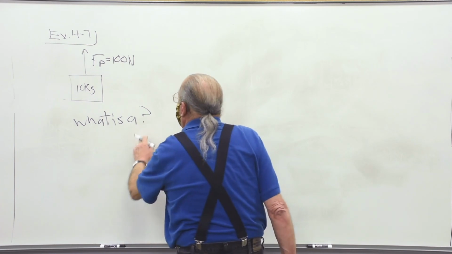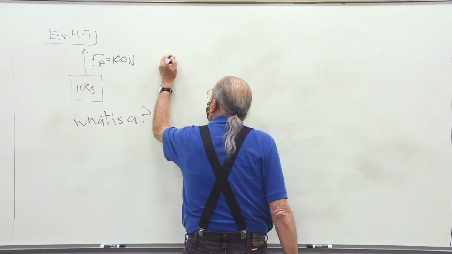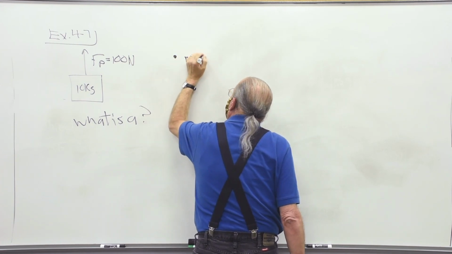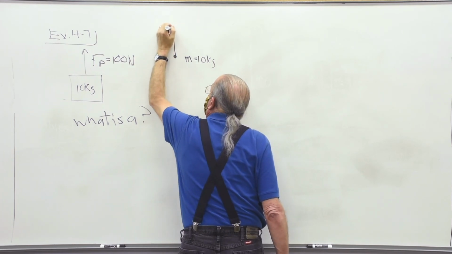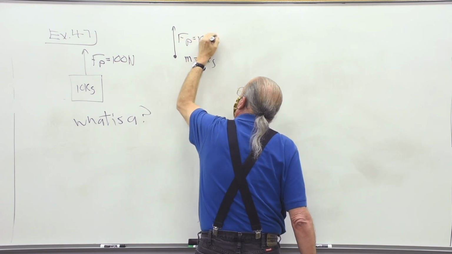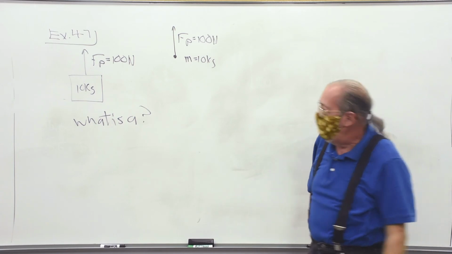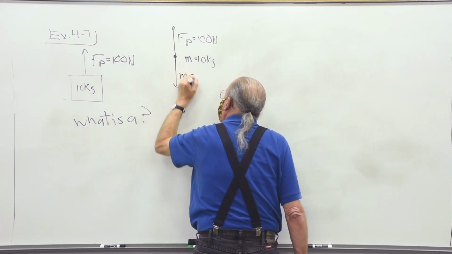What is a? How many objects? So we draw the free body diagram first. There's the object, and one force on it is this one. And what else is acting on it? Gravity, of magnitude mg.